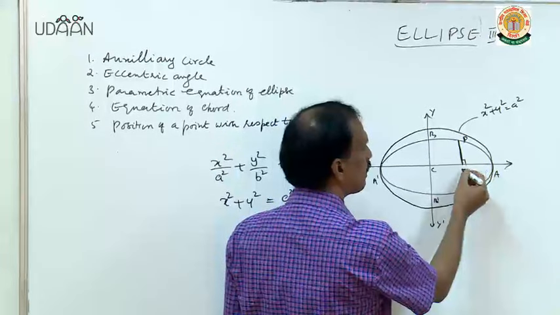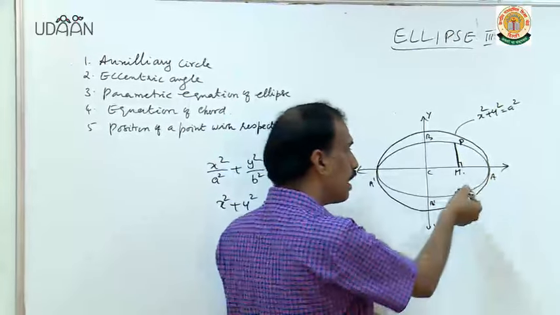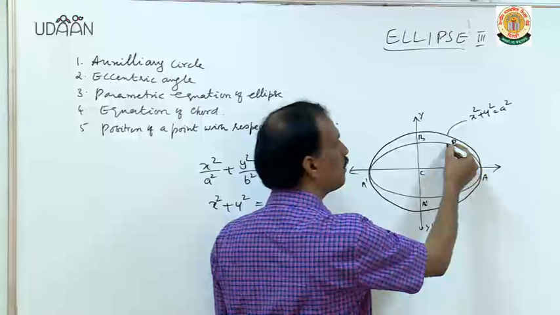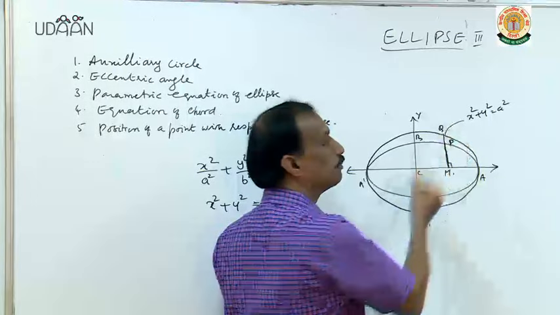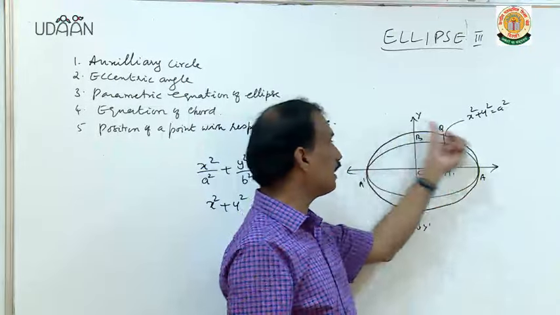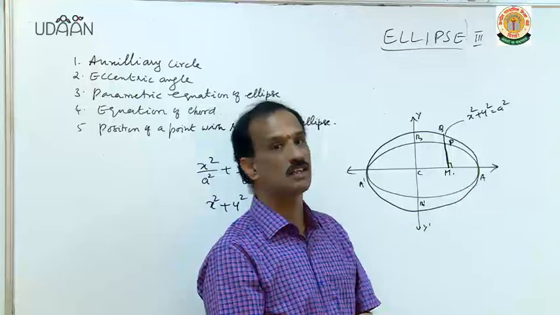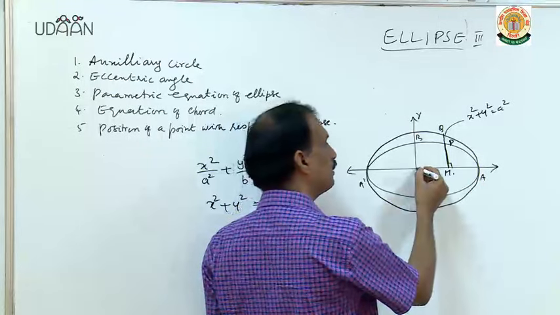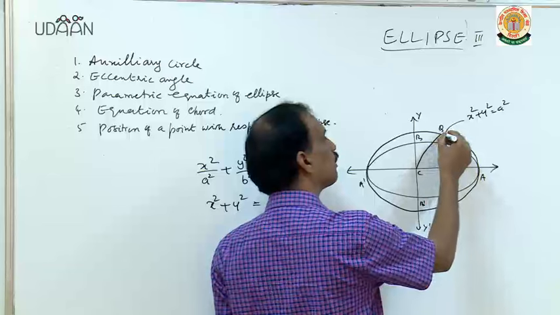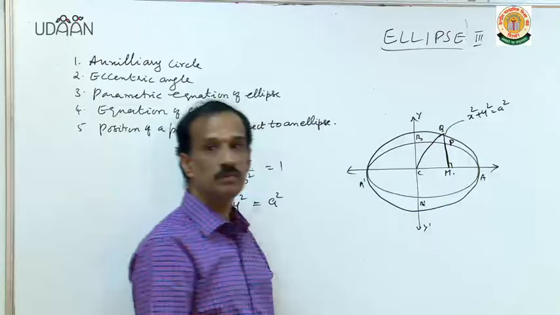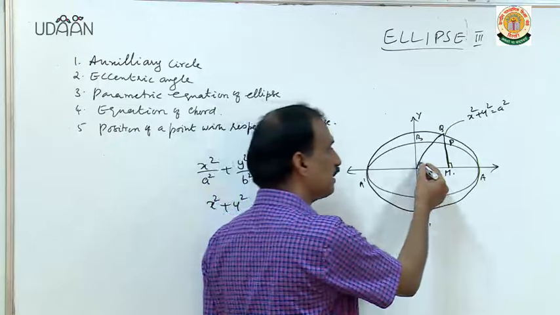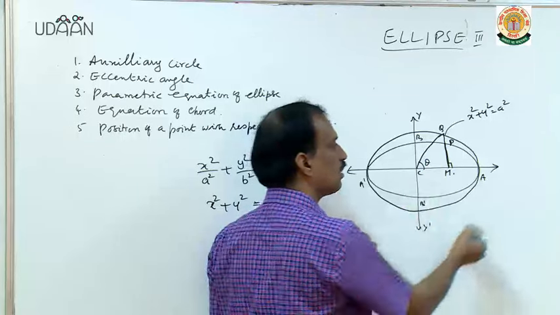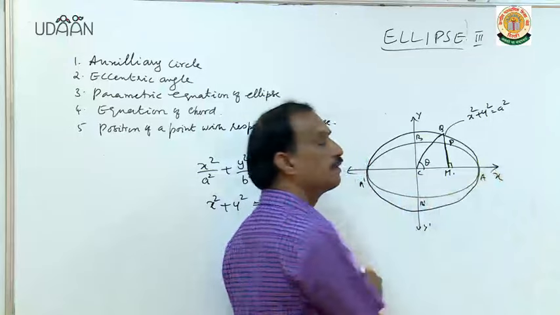Now this is PM perpendicular. Extend this MP to Q, so that Q lies on the auxiliary circle. Now join the center C and Q. Now this makes an angle theta with the x-axis.